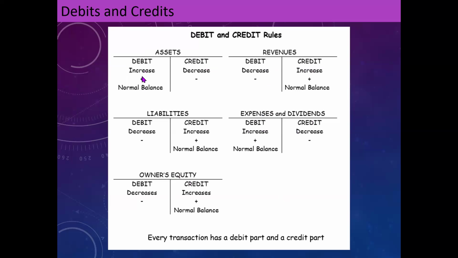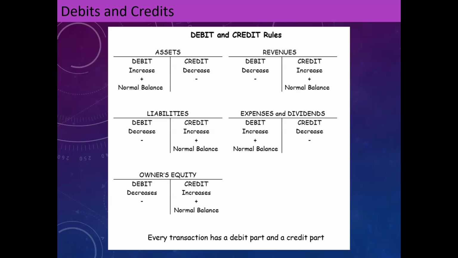So assets are this way, liabilities and equity are the opposite of that. And then revenues and expenses, as they relate to owner's equity, help me remember that since a revenue increases owner's equity, its debit and credit rules will be the same as owner's equity, and expenses and dividends will be the opposite. That may or may not work for your brain.